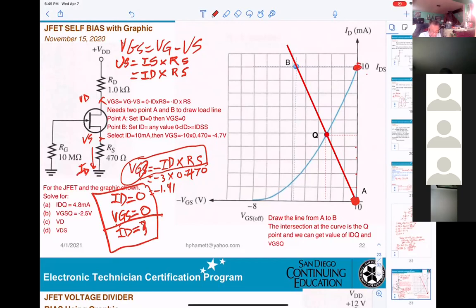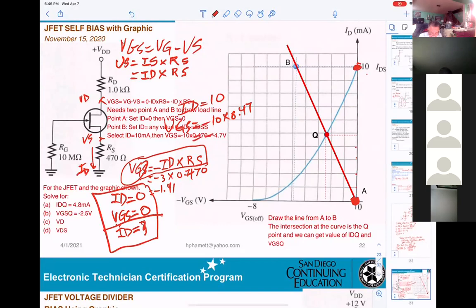ID equal 10. So what does VGS equal? -10 times RS, which is 0.47. So what do you get?